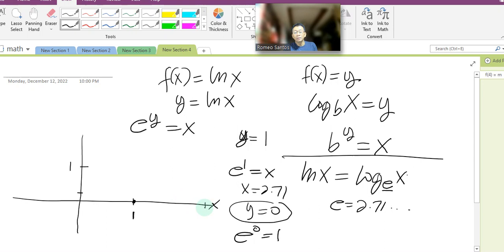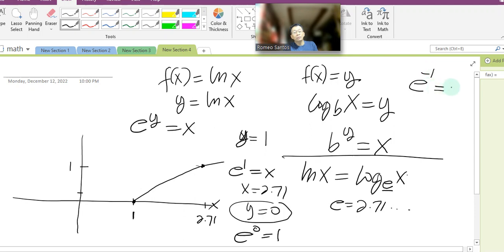So this is farther than this is. Let us say this is just assuming 2.71. So 1 for y and then 2.71 for x. If you try to connect this, it looks like that. Now if you try to substitute values, for example, e^-1 is equal to x.